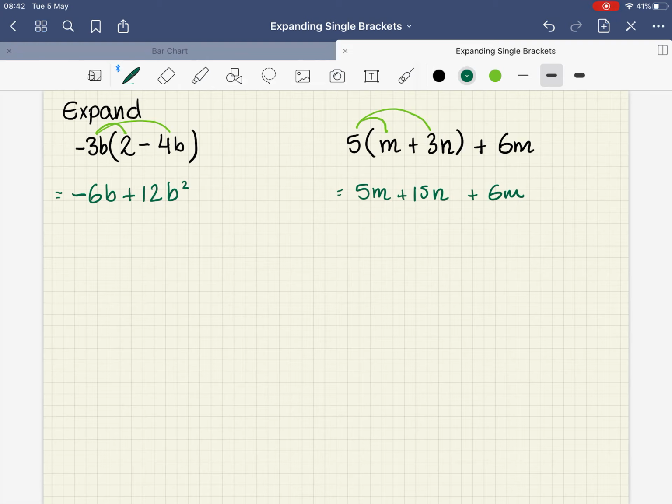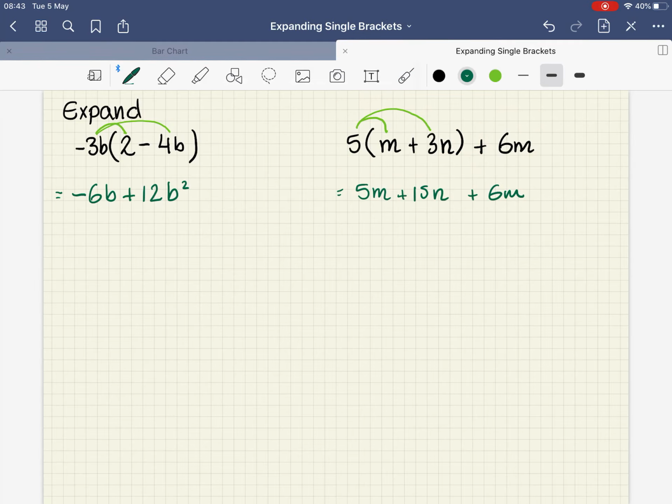So I should have said at the start, when you do have this little extra bit on the outside, you want to deal with your brackets first. Think BODMAS. The expanding out of brackets comes under the multiplication bit, because we are just multiplying. So we deal with any multiplication first, then we deal with any addition.